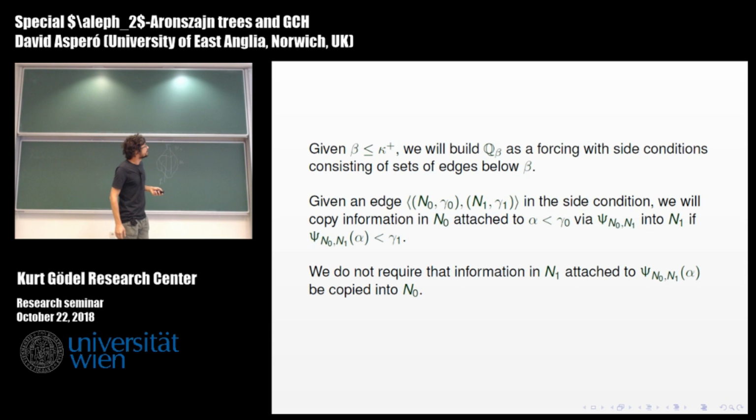And now, given an edge like this, in the side condition, we will copy information that's sitting in n0 attached to some ordinal alpha less than gamma 0 via the psi, the isomorphism, into n1 if psi of alpha happens to be less than gamma 1, right? So that's what we will have to do. We will copy information from n0 into n1, not necessarily the other way around. So we do not require that information in n1 attached to this ordinal be copied into n0.